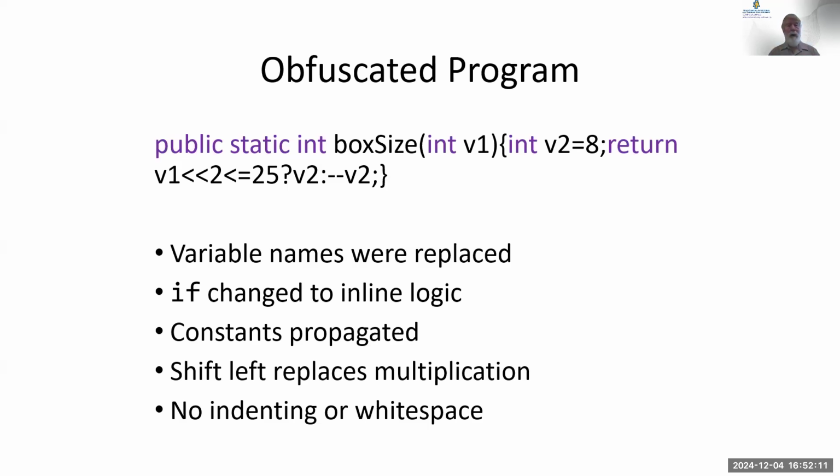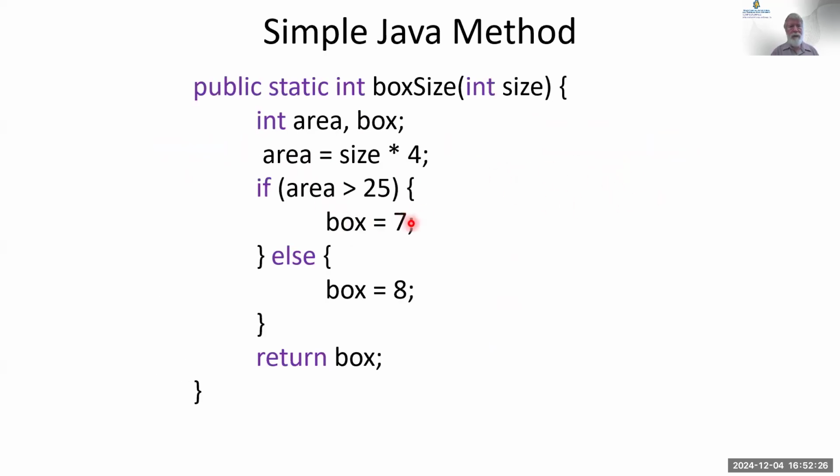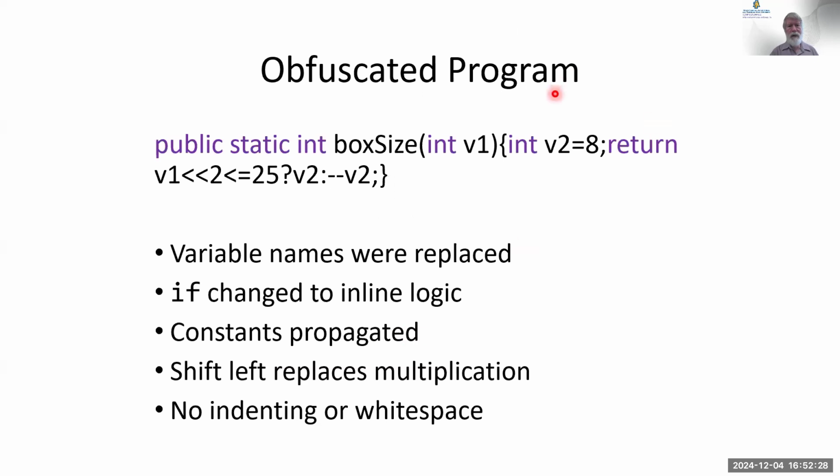Of course, it works perfectly well for the compiler. It maybe even works better. It takes out all the white space. All the if statements were converted to the inline ifs. Constants were propagated. This one had 7 and 8, so it used 8 and then just subtracted 1 from it if they wanted the 7.